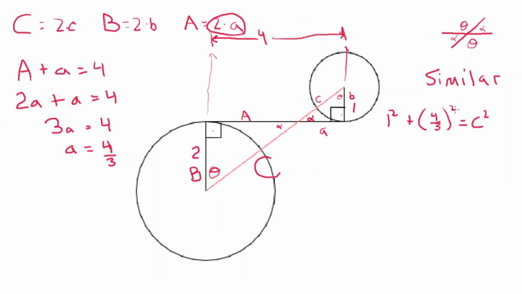And that's going to be 1. 1 squared is 1 plus 16/9. When you square a fraction, you square both the top and the bottom. That's going to equal c squared. And then I'm going to turn this guy into 9/9. 9/9 is the same as 1. And I got to do a common denominator. So that's going to be 25.